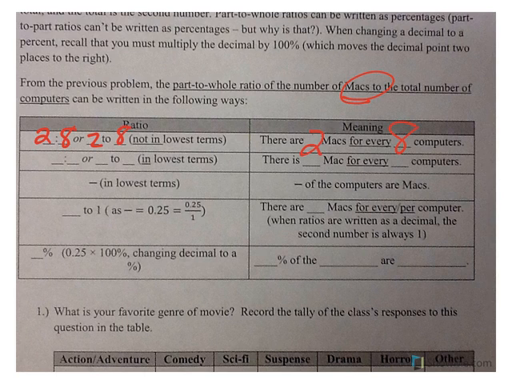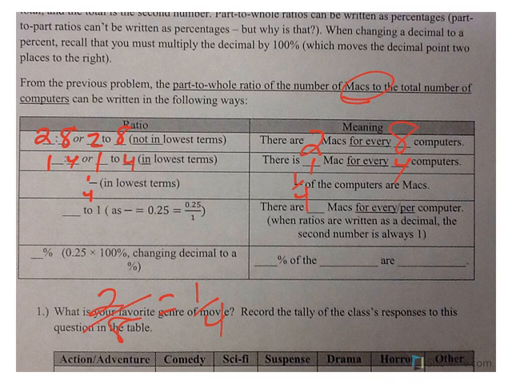Either way. Now, hopefully you recognize that 2 over 8 can be reduced to 1/4. So 1:4, 1 to 4, 1 Mac out of every 4 computers. So if there are 4 computers in a room, we would expect one of those to be a Mac. In lowest terms as a fraction, that would be 1/4. So 1/4 of the computers are Macs.